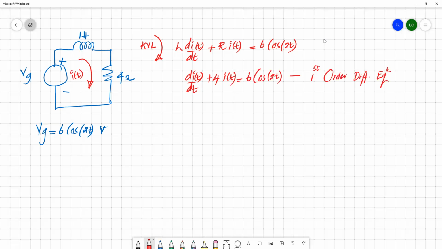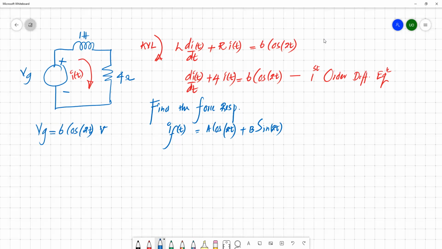Then we came up with a trial solution to find the forced response. We can propose a forced response as A cos 2t plus B sin 2t.